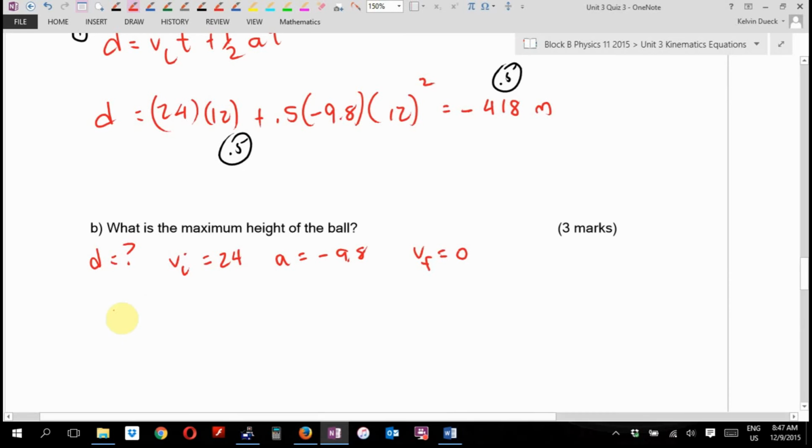I think I'm going to go D equals VF squared minus VI squared all over 2A.